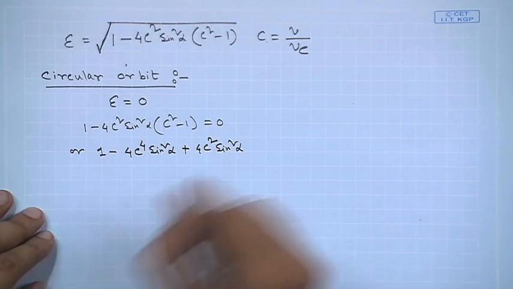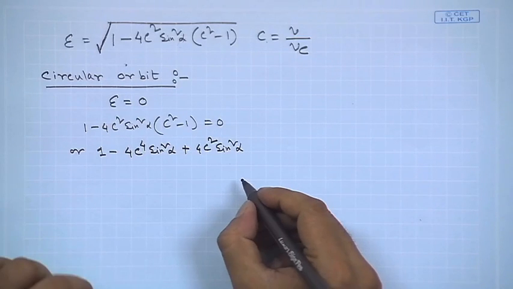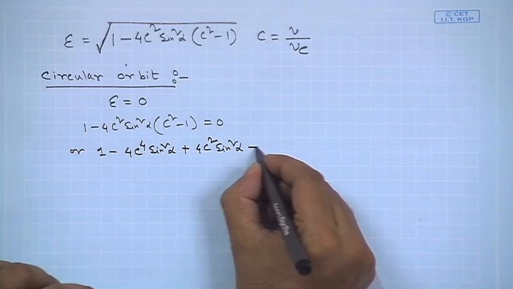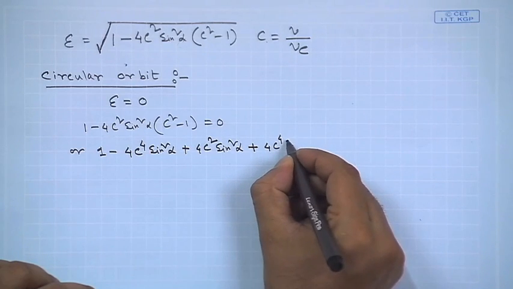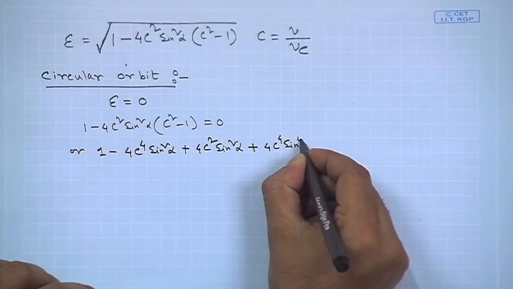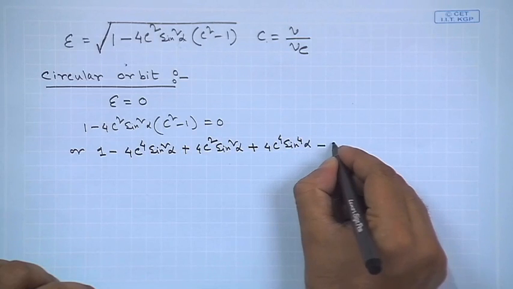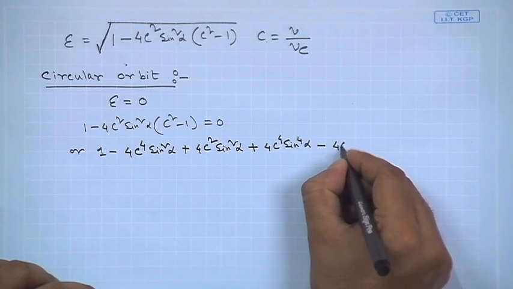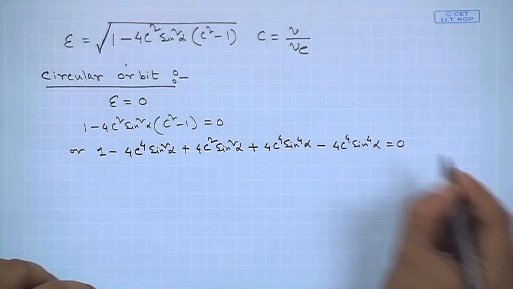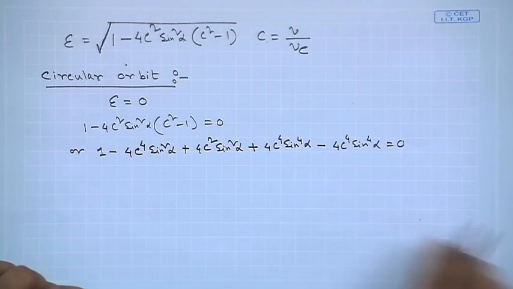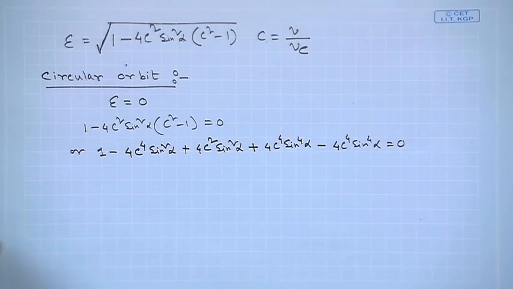We can put it equal to 0 here, but we are not doing that. What we are going to do is add 4 c to the power 4 sin to the power 4 alpha, and again subtract the same quantity. It is just a mathematical manipulation to bring it to a particular shape. Now, let us look at this.